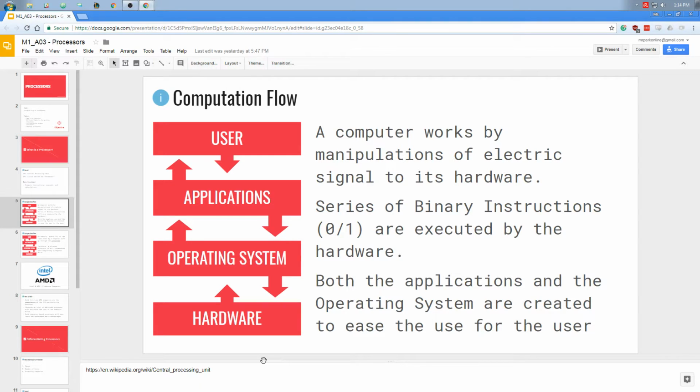So let's look at the computation flow. Whatever we do and see on the computer, and click with the mouse and input with the keyboard, is done on the user end, where we're interacting with the applications that we use. Then the application also interacts with the operating system built into our computer so that it can translate that into binary instructions of zeros and ones for our hardware.